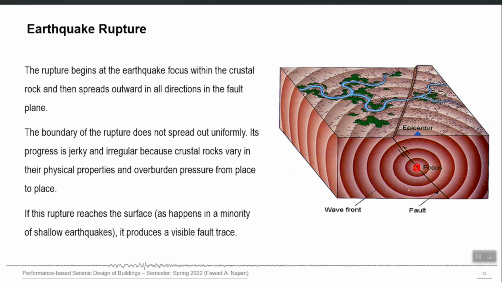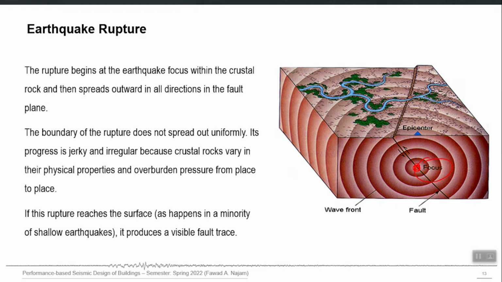But that slip doesn't start all along the length, it starts from a specific point, right? Because the resistance coming from the friction against that movement will have its resultant located at a certain point, right? And then when the applied force increases beyond that capacity, we have that relative slip. So focus is the point from which the rupture initiates, but then it travels along the fault plane.